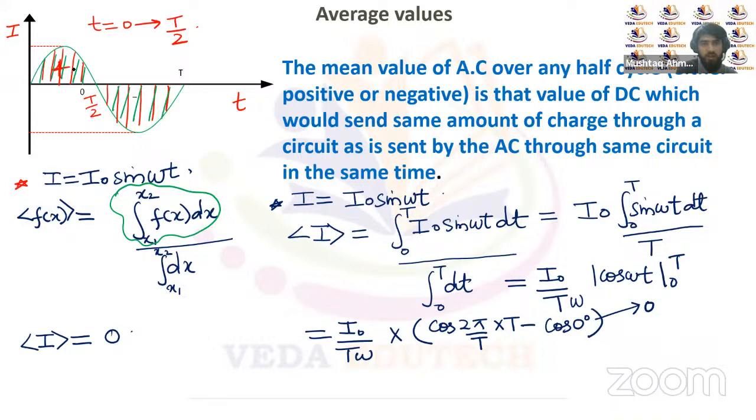You can see the positive area is equal to the negative area. It means the total area will be equal to 0. If the total area is 0, the average has to be equal to 0. So the average value of this AC current for the complete cycle will be equal to 0.